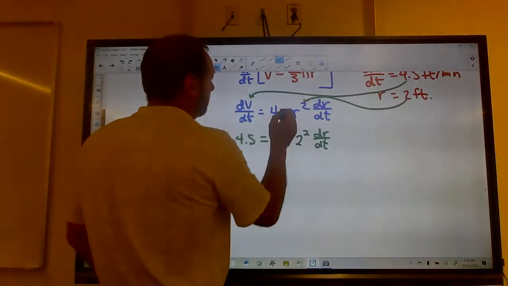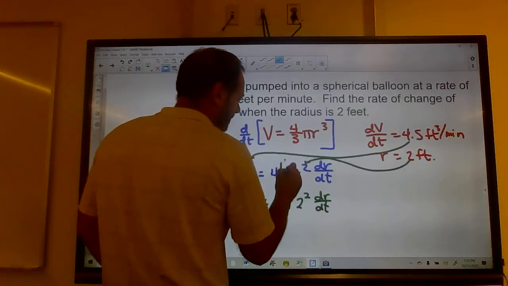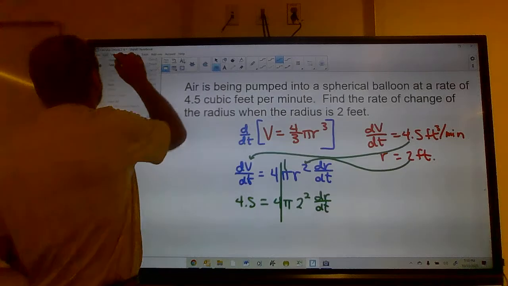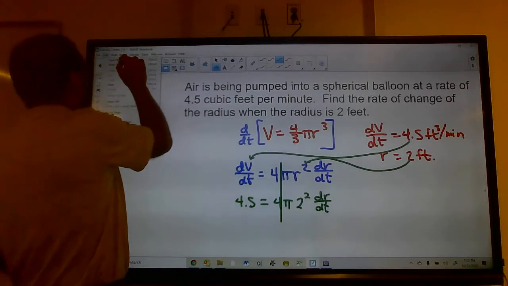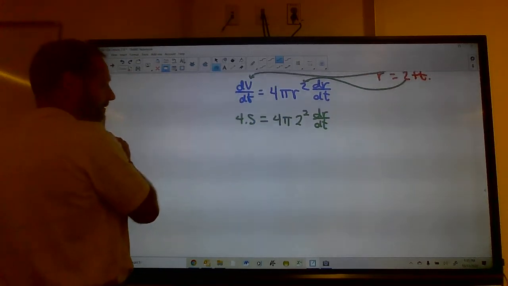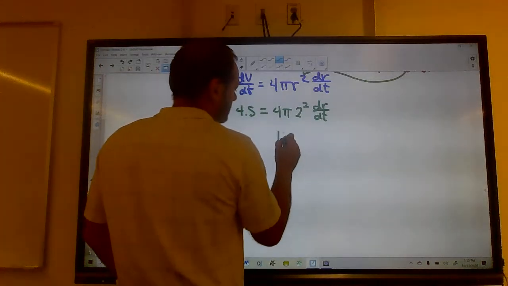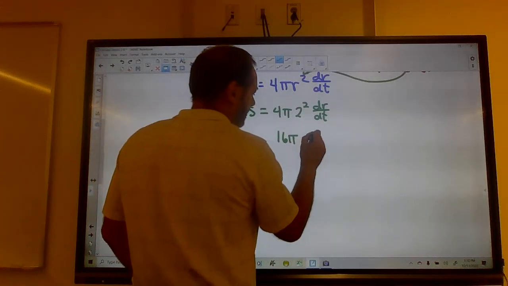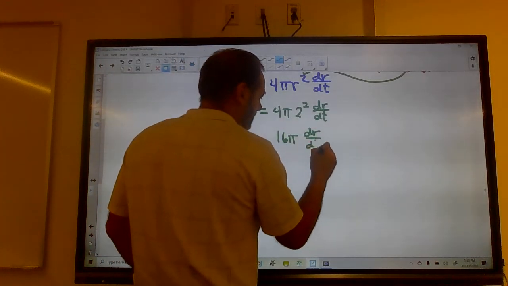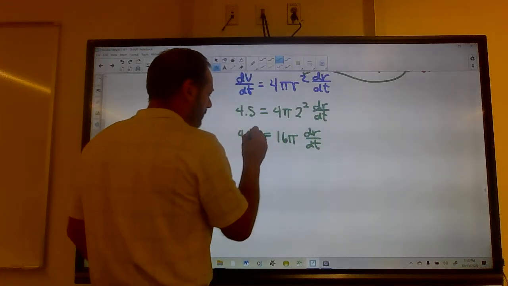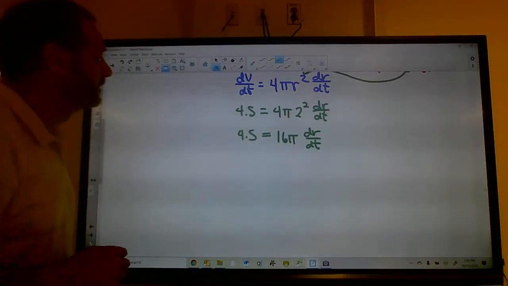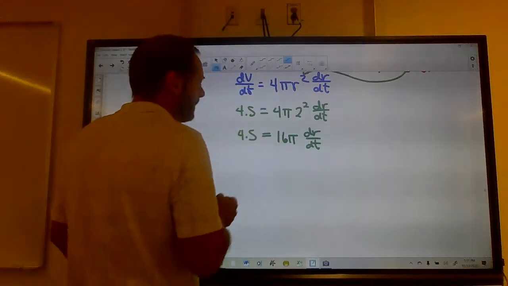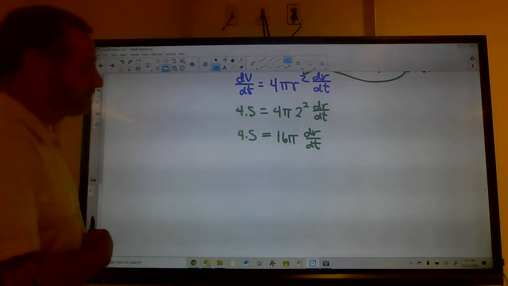So this is 4 times 4 would be 16 pi. This would be 16 pi dr/dt equals 4.5. And then I just got to divide by 16 pi now.